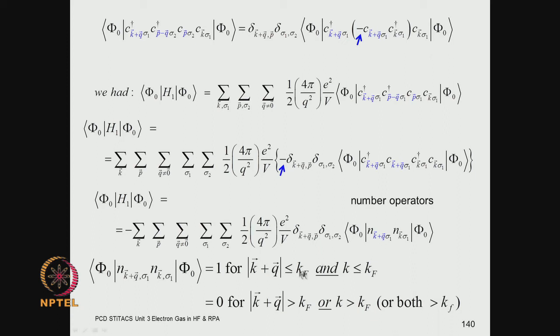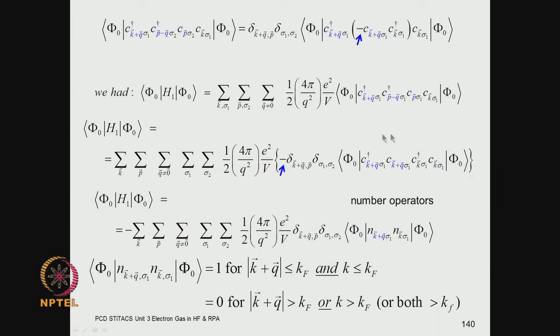So, one condition is that k plus q must be less than or equal to kf, and the second condition is that this k, the magnitude of this k, must be less than the Fermi momentum in units of h cross, in which case this matrix element will be equal to 1, and if either of them is greater than the Fermi momentum, then this matrix element will go to 0, right.